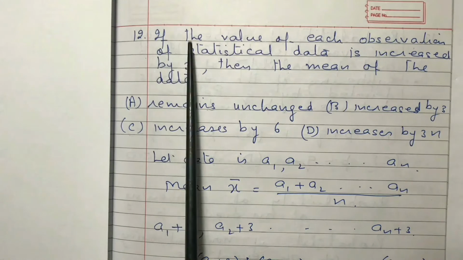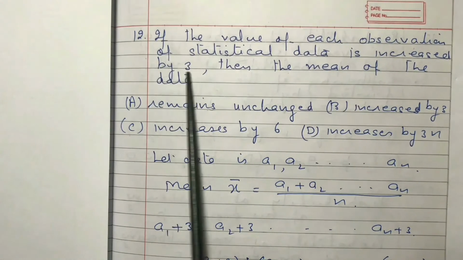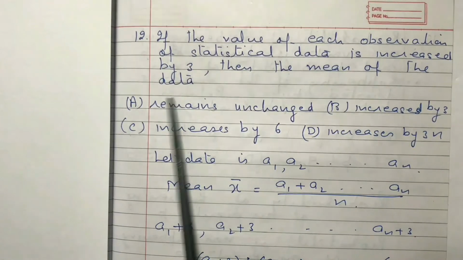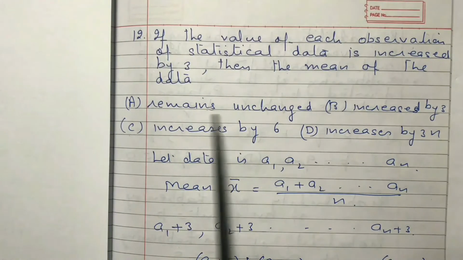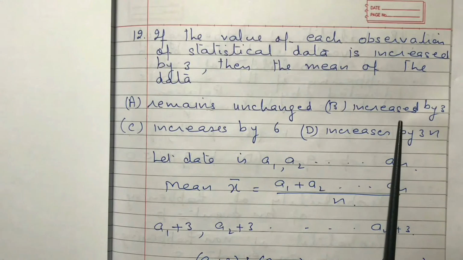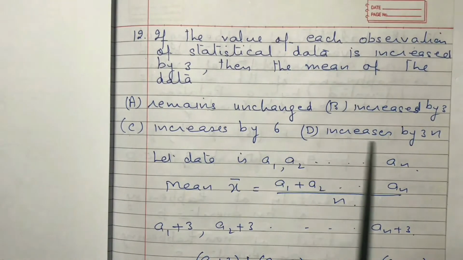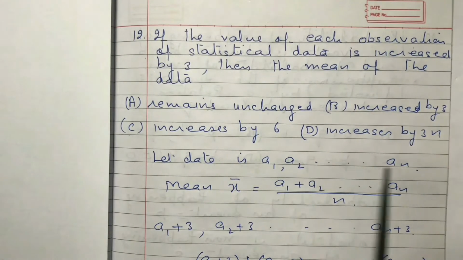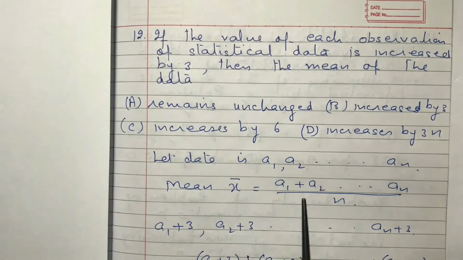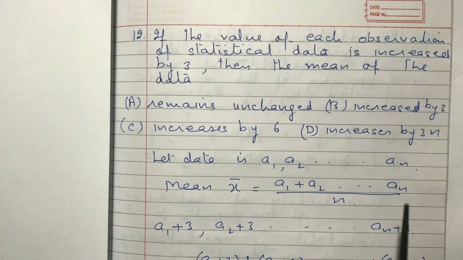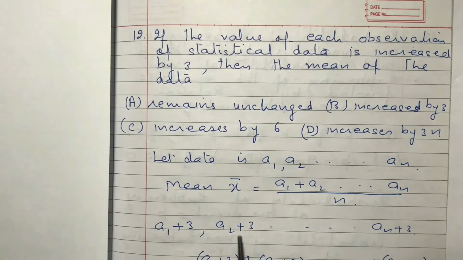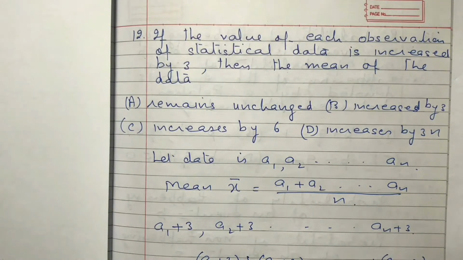Now the 12th question. If the value of each observation of statistical data is increased by 3, then the mean of the data is, there are 4 options. It remains unchanged, it increases by 3, increases by 6, increases by 3n. So let the data be a1, a2 up to an. So mean is equal to a1 plus a2 up to an upon n. If 3 is increased in each observation, we have the data a1 plus 3, a2 plus 3 up to an plus 3.